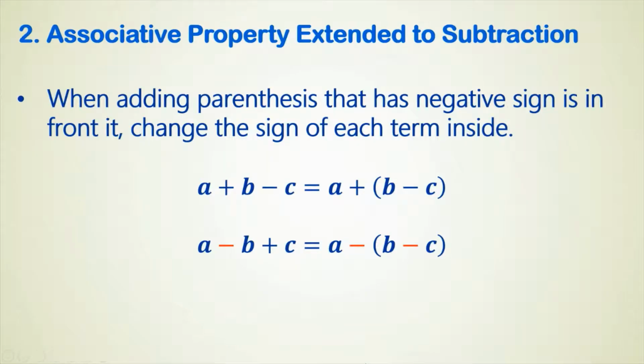We also talked about earlier that when we want to group terms together and insert a parentheses, if the place we're inserting has a negative sign in front of it, then change the sign of each term inside after grouping.